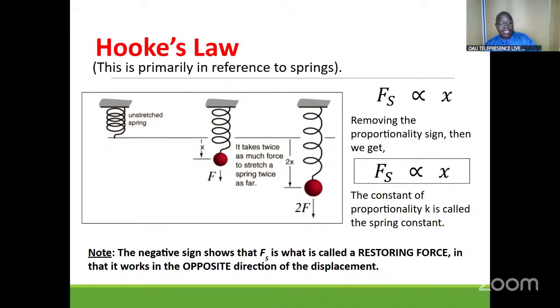I showed slides of these types of motion last class. I will now come straight to the business of today, which is the kind of motion bodies attached to springs experience by virtue of extension or compression of the spring.